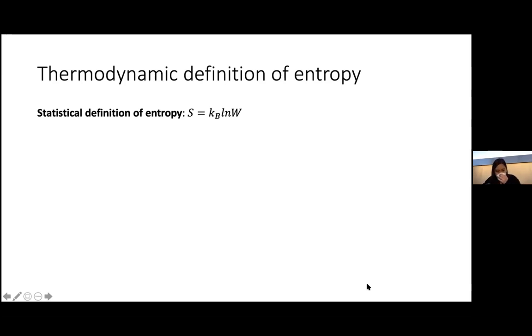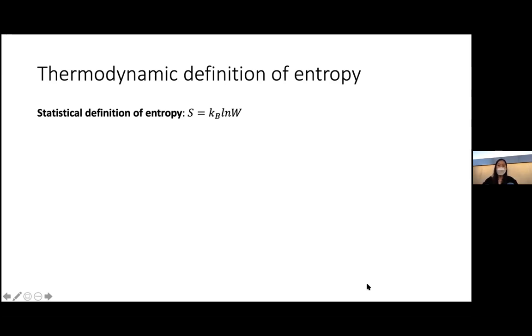So basically, the statistical definition of entropy is directly related to how many different ways there are to rearrange something. And that's kind of why you hear entropy always being defined as the amount of disorder in some system. Because the more disorder you have, the more ways you can rearrange it and still have the same amount of disorder.